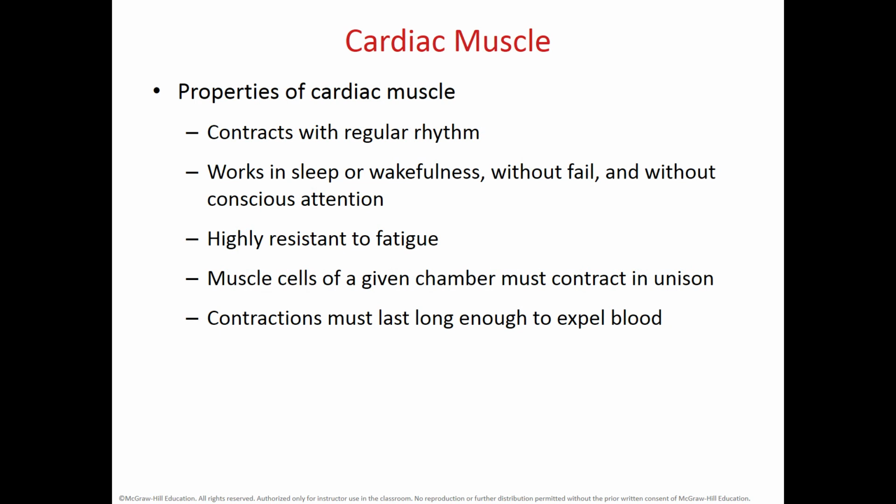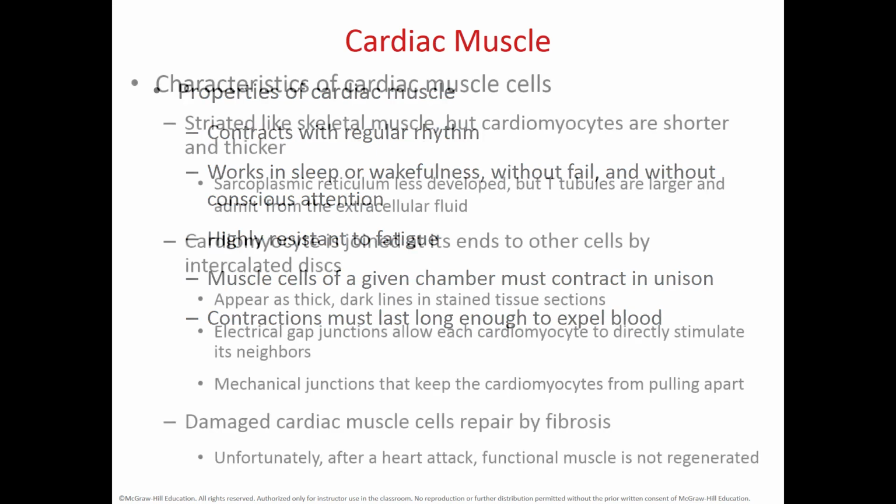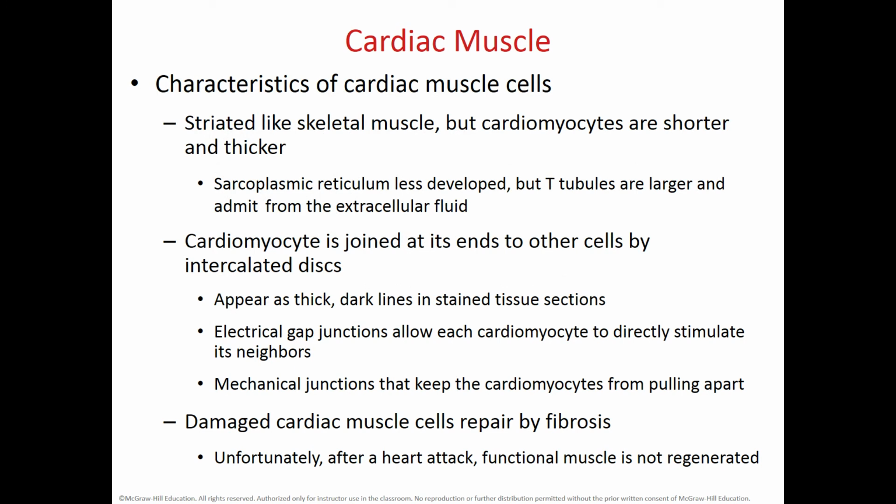One property of the cardiac muscle is that it contracts with regular rhythm, and it contracts 24/7. And it is highly resistant to fatigue. The cells contract in unison, so they contract synchronously. And the contraction lasts long enough to expel the blood. So they are stronger in terms of producing tension than the skeletal muscle.